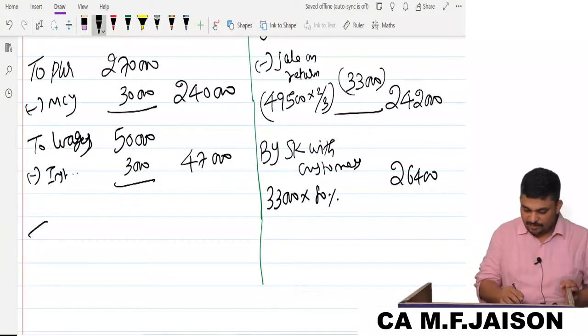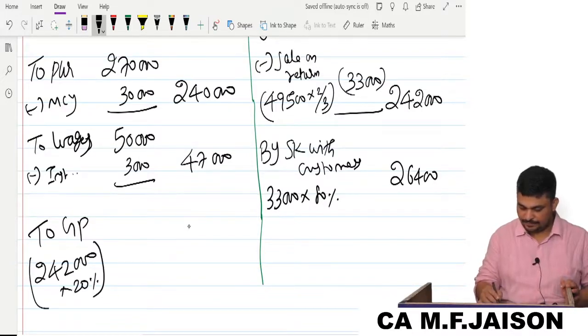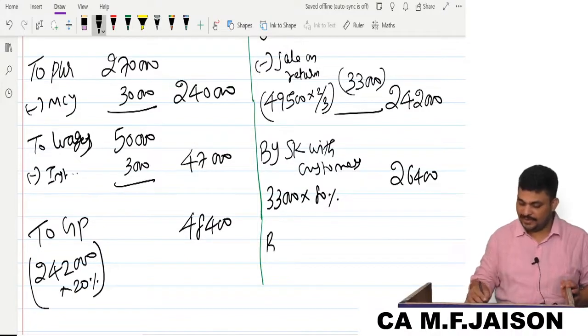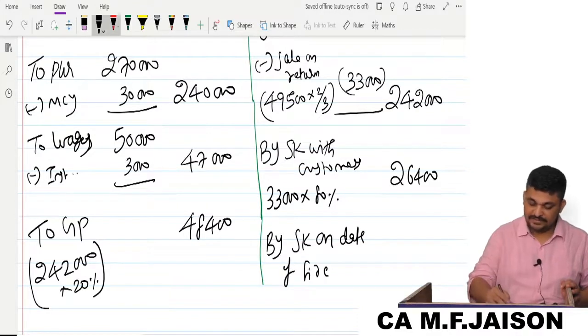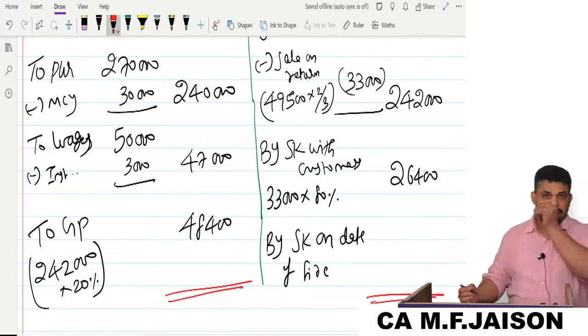Then you also have gross profit. Gross profit is 2,42,000 into 20%, which is 48,400. So you will have stock on date of hire as the balancing figure.